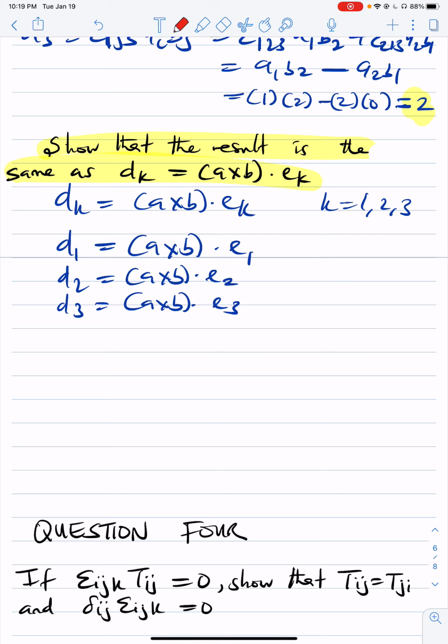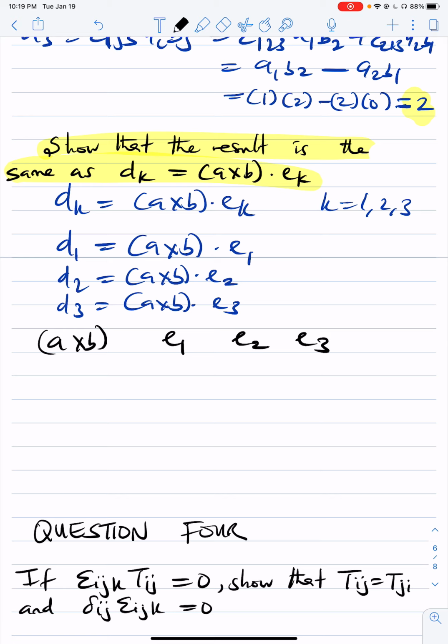Okay, so A cross B. Now we give you the cross product. This is how you do it. I'm sure you can still remember this sort of.